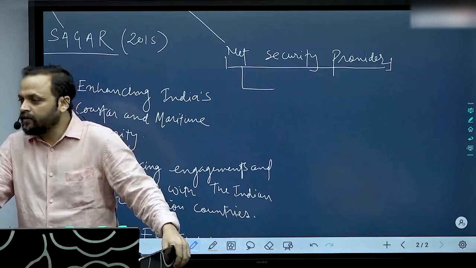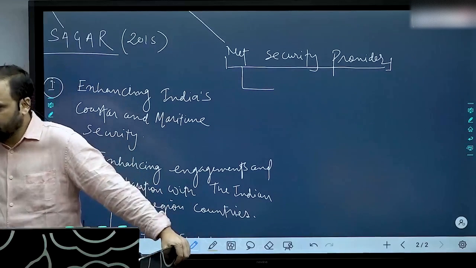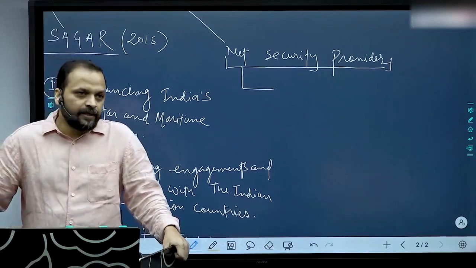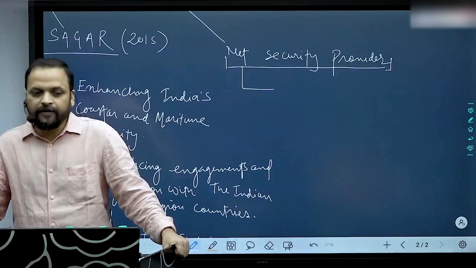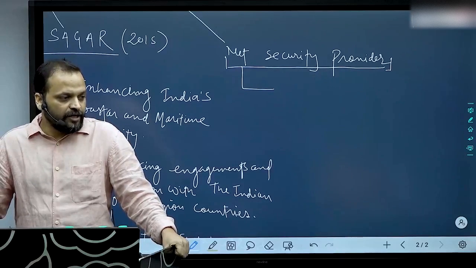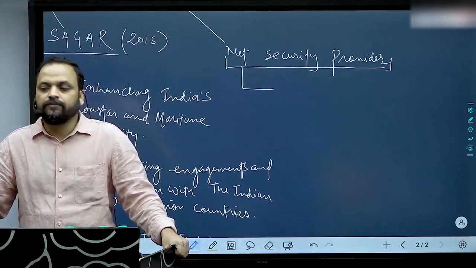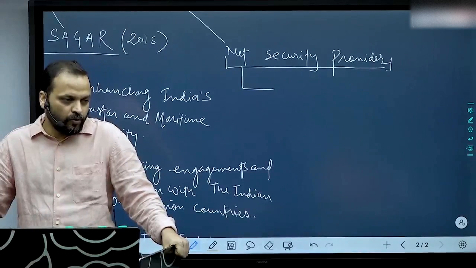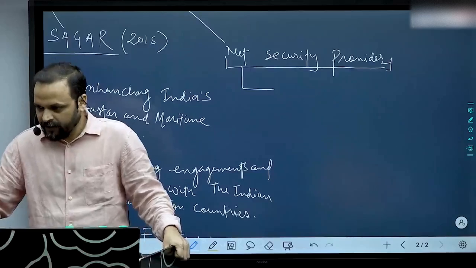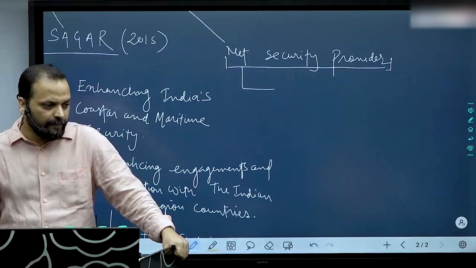So assessment of the entire security scenario, assessment of security gap, and then assessment of one's own capabilities and preparedness to provide for that security gap, or fulfilling the role of net security provider by bridging that security gap, right?